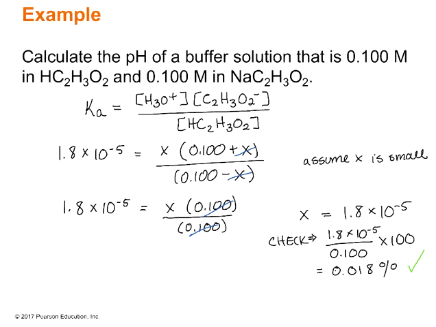Now, our actual goal was to figure out the pH. So remember that x is also equal to the concentration of the hydronium ions. So when we're calculating the pH, we're going to take the negative log of that.